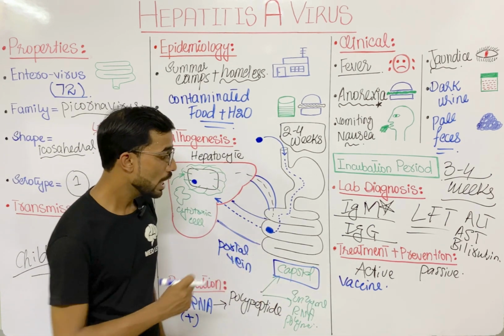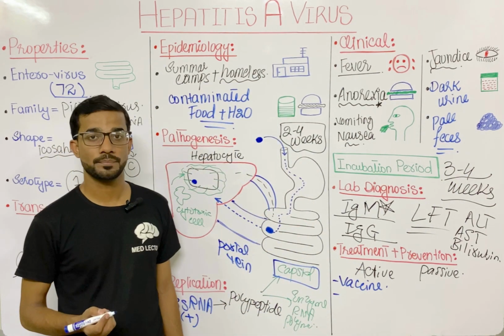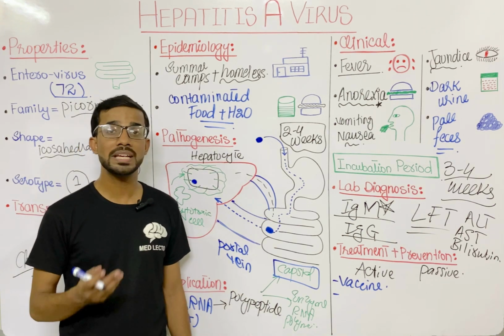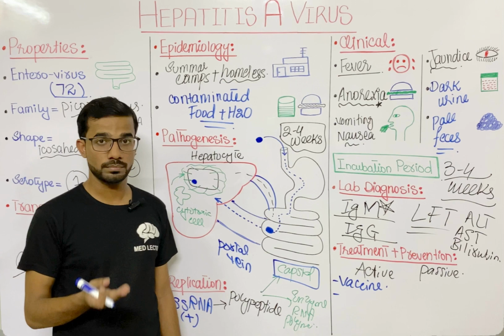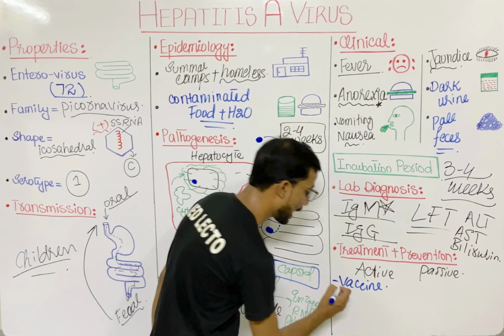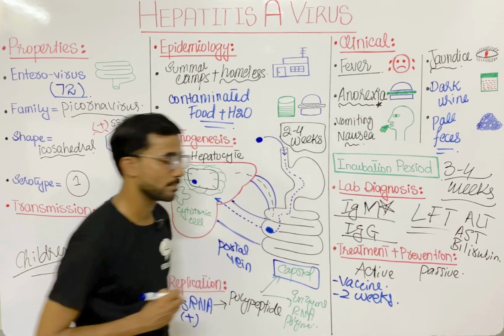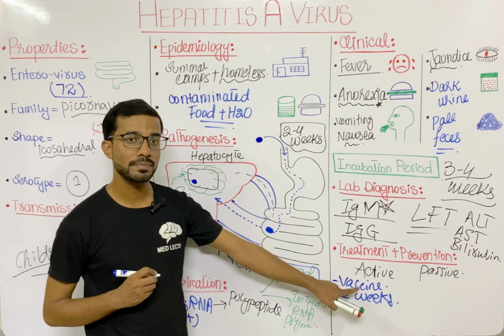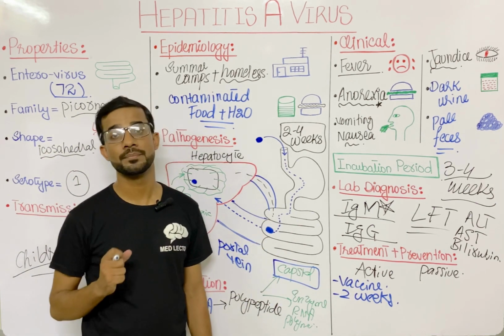Okay, so the hepatitis A vaccine can also be given as prophylaxis, but keep in mind, it is prophylaxis after the exposure to the virus, and that can be given within 2 weeks after the exposure. That's the most important thing for active immunization, in which you will inject the dead virus.